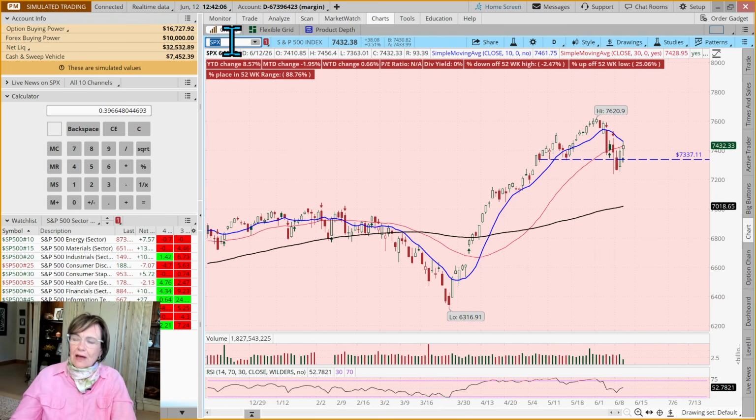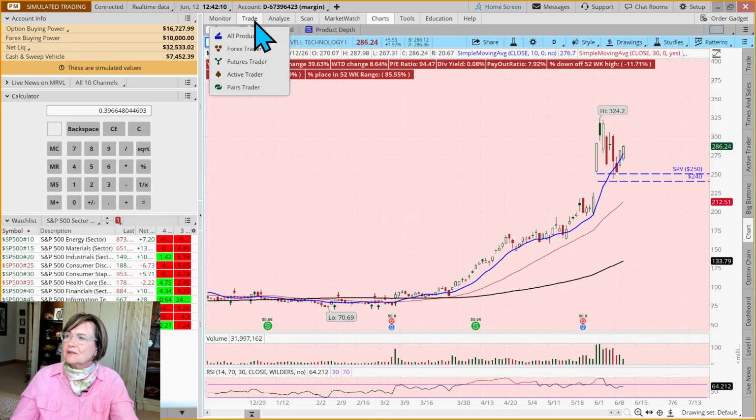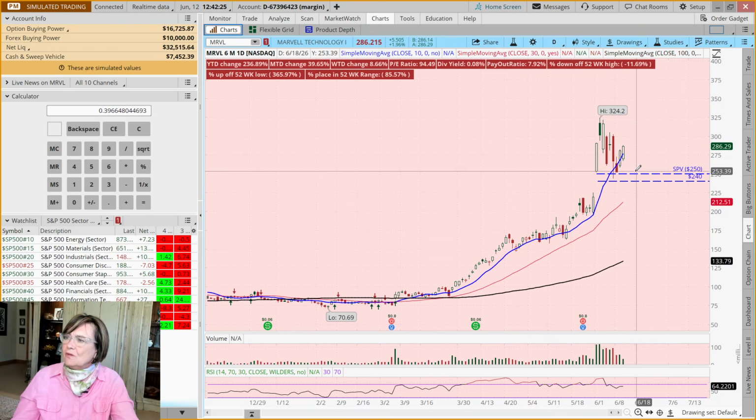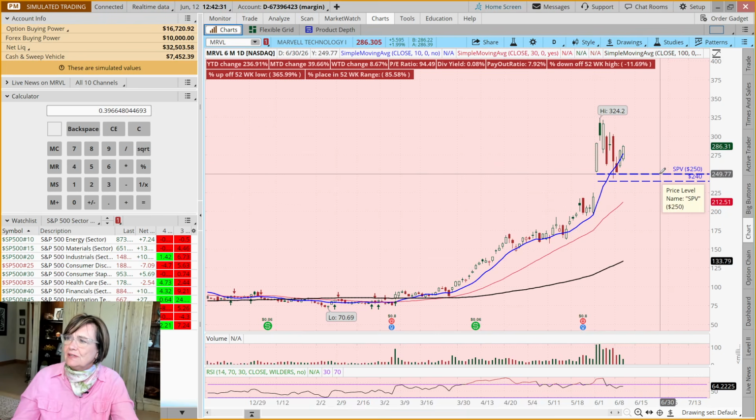So if we now come back to Marvell and say, okay, well, does it trade more than 1 million shares a day? So we're going to come to the trade tab. We're at 31 million shares for the day today. If we look at our options, and this is on the put side, where might we sell our strike? Well, here's our recent support around the 250 level, even though it's trading at 286.